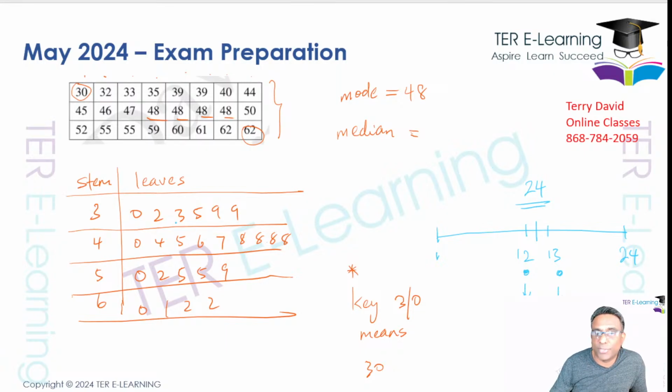You can go to the stem and leaf: 1, 2, 3, 4, 5, 6, 7, 8, 9, 10, 11, 12. In this case it is 8. So the 12th student has a mass of 48, and the 13th student, right after, has a mass of 48 as well.